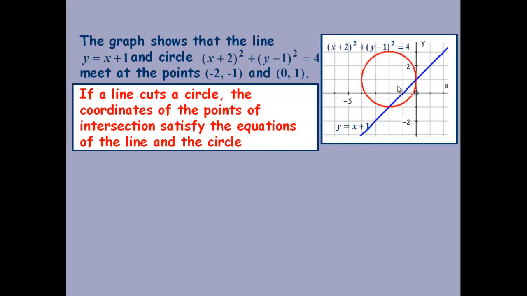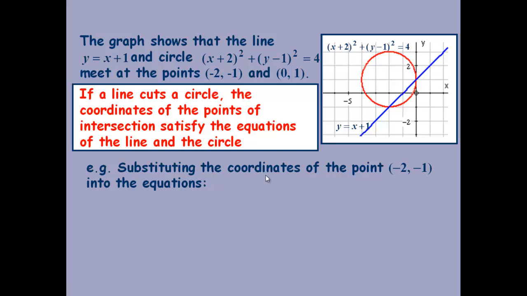When a line and a circle meet, as we know, when any line and curve or 2 lines meet, the points of intersection, the x and the y values are the same. In other words, the coordinates satisfy the equations of both. So if we substitute these coordinates from this point into the equation of the line, we can see that it works, that the right-hand side is equal to the left-hand side.